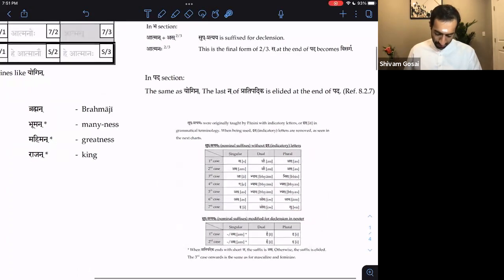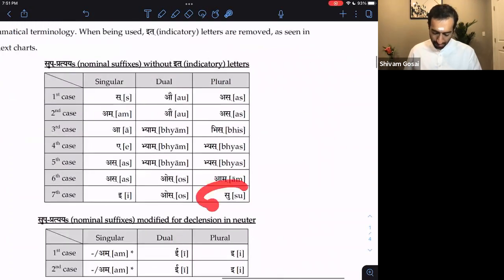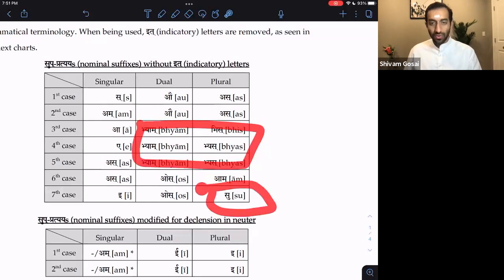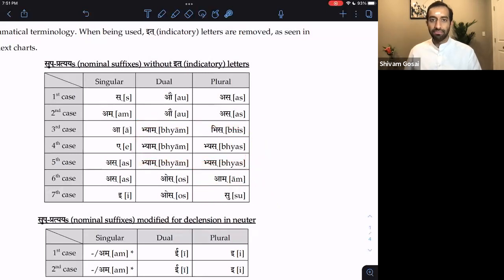So here, because again, the su is in the pada section. Okay, this is pada, and then this 7-3 is also in the pada section. So the su gives the status of pada to what's before it. The nakara goes away, so it's atmasu. So not atmanasu. Okay.